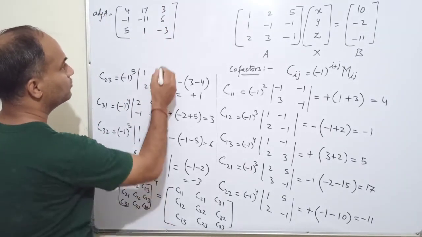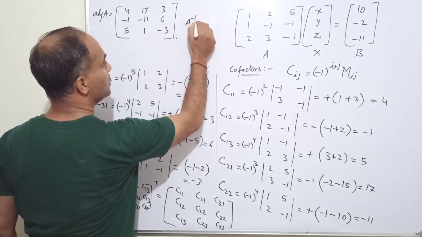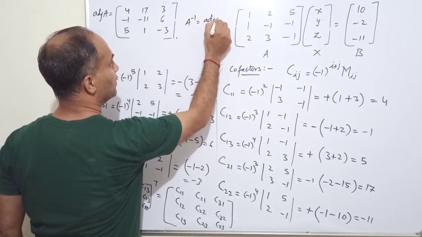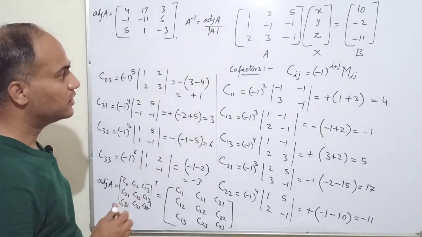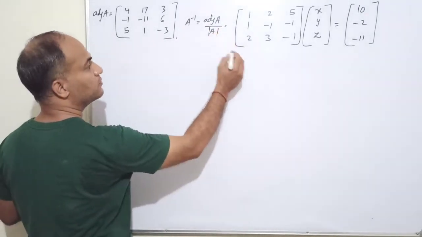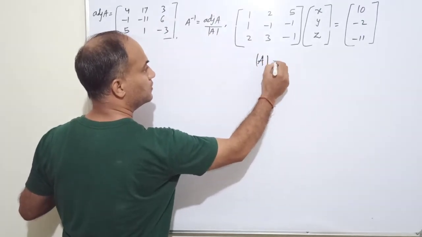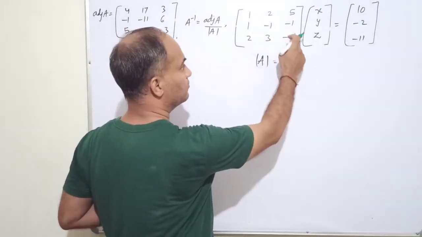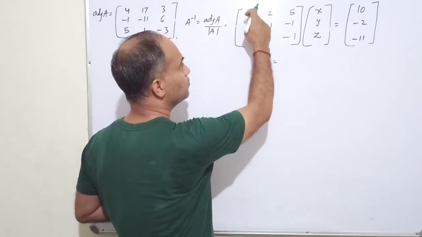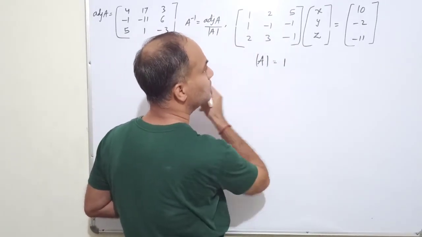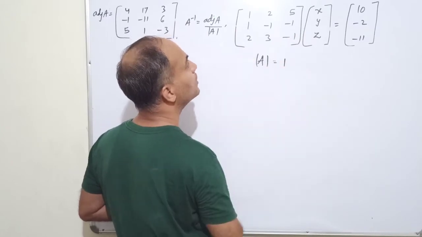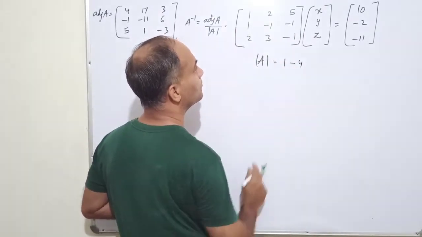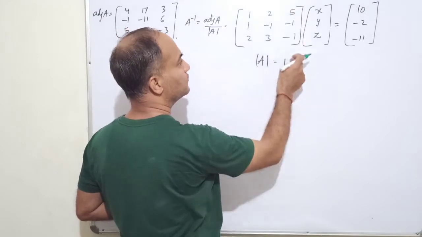Now according to the formula, A inverse is equal to adjoint of A upon determinant of A. Okay, now determinant A is left. According to the Sarrus formula, what is the value? This is plus 1 minus 2 into 2, this becomes minus 4, and 5 3s are 15.